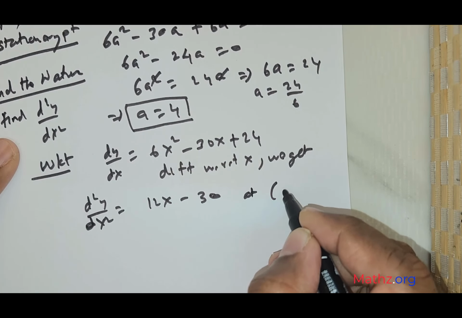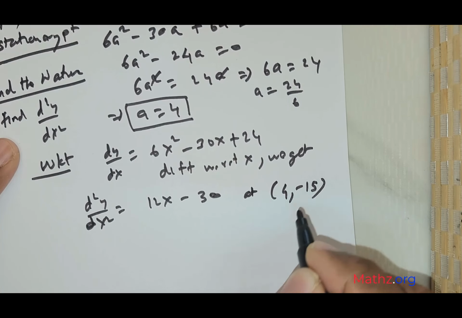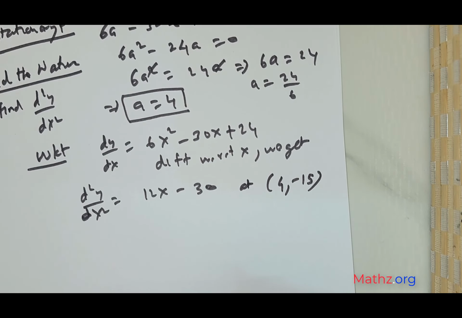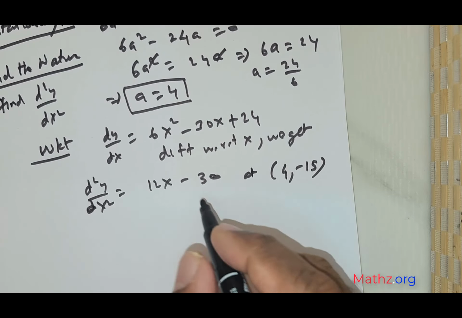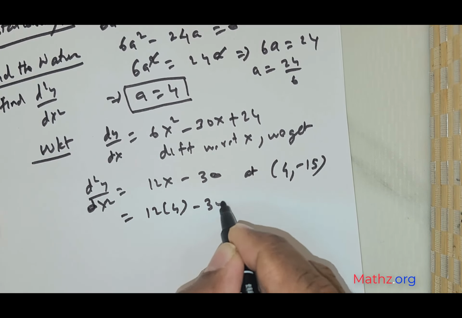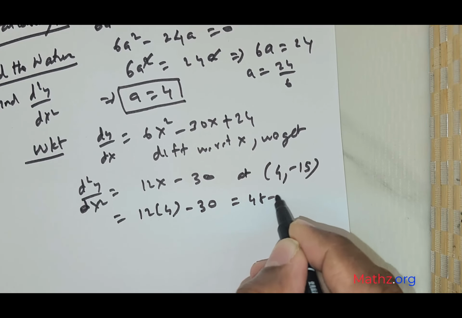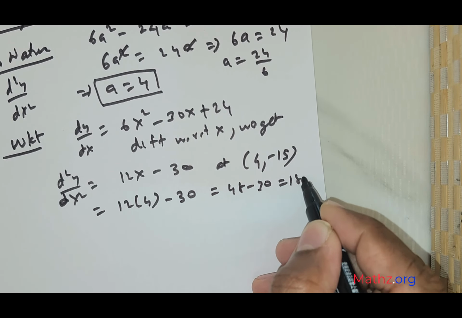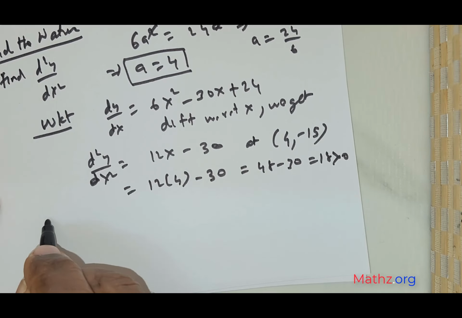So at the point (4, −15), this is 12 times 4 minus 30, which is 48 − 30, which is equal to 18, which is greater than 0.